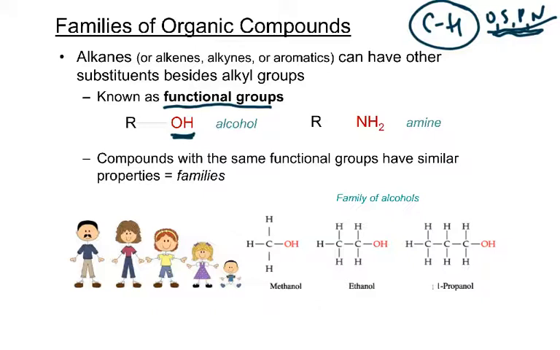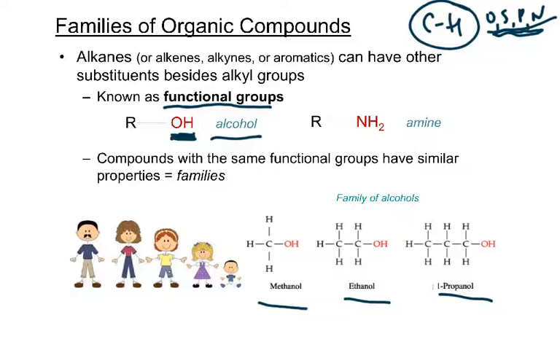If a hydrocarbon has an OH attached to it, that OH group is called an alcohol. And that OH group has specific chemistry. It likes to do certain chemical reactions in predictable ways. And so all molecules that have an OH, or an alcohol group, sticking off of them have similar properties.